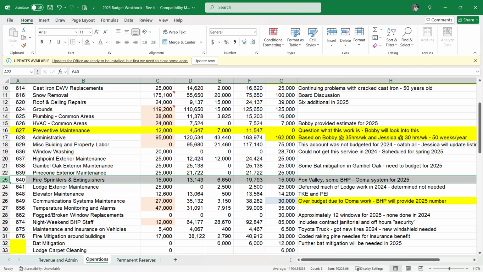All right, 640 fire sprinklers and extinguishers. We went over budget here, but that was mostly because of the auto dialer project, because of the UMA. This was because Ting had upgraded our digital phone system, and our old POTS lines wouldn't work anymore for dialing out emergencies like the elevator emergency line.